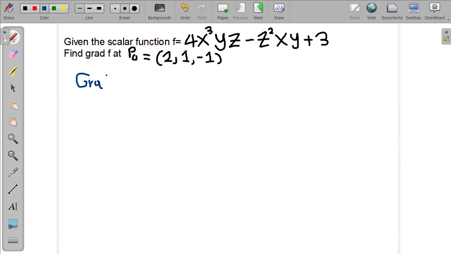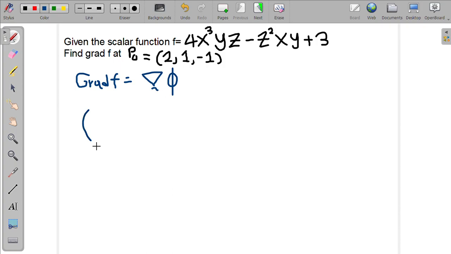So grad f is equal to grad phi is equal to del phi. So this one is del and this one is phi. So this is our phi. So let us write del phi.